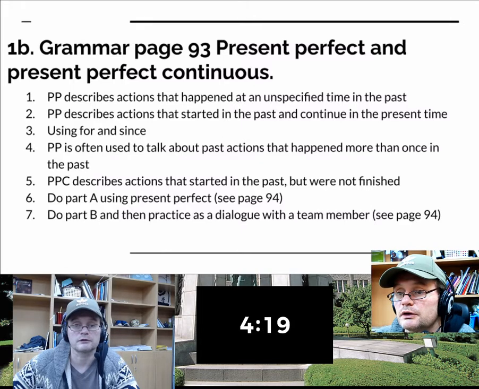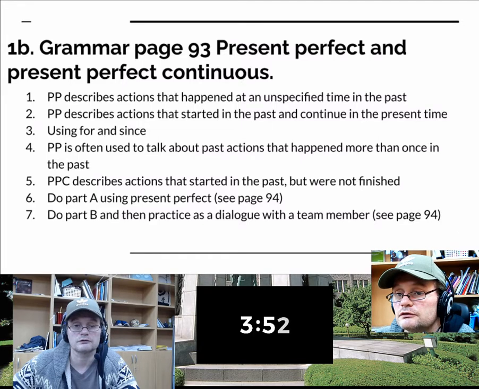PP, which means present perfect, describes actions that happened at an unspecified time in the past. Present perfect describes actions that started in the past and continue in the present time. And then part 3 there talks about using for and since. How do we use for and how do we use since? Look at the book for that. Number 4.